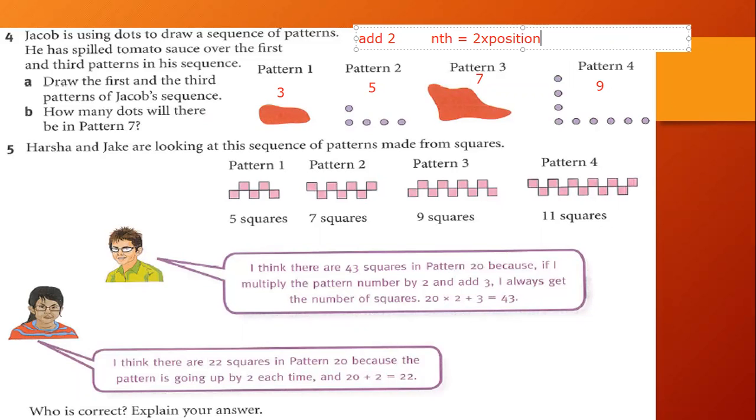Okay, 2 multiplied by 1 is 2, plus, but here is 3. So how many do we have to add to make it 3? Plus 1. So that is my formula. Now he said the 7th pattern. He wants to know the 7th pattern. So 7 multiplied by 2, 14. 14 plus 1, 15. So the answer is 15. So here I write 15.